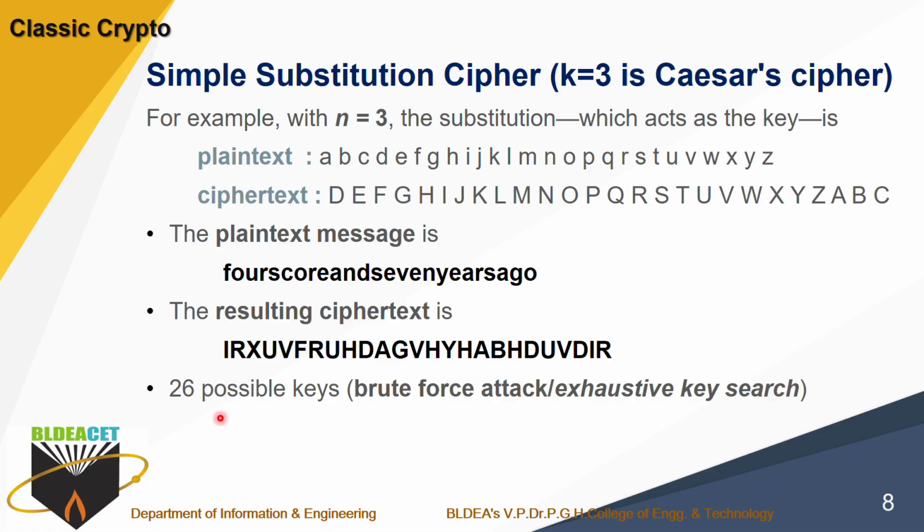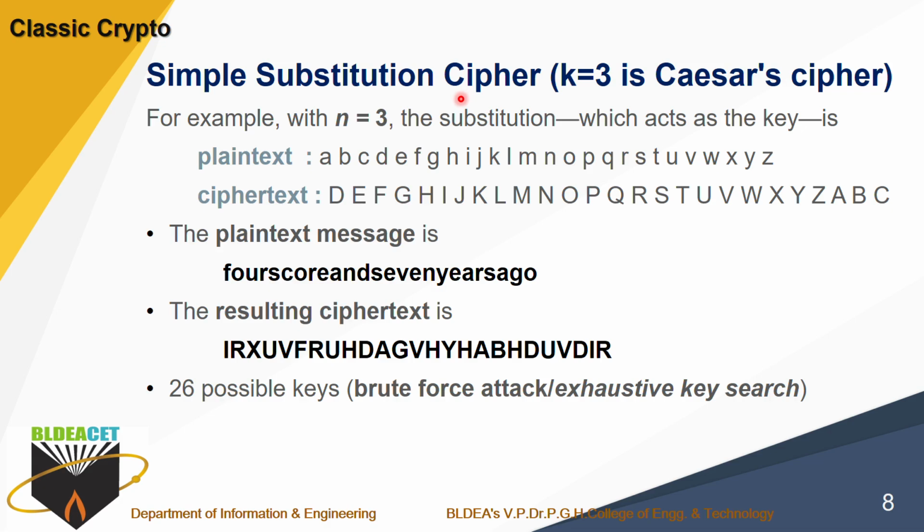So now here, how many keys will you get? 26 possible keys, because it considers the alphabets from A to Z. So that's why you have 26 possible keys. As I told earlier, if you use any substitution method or any encryption technique to generate a secret code, you have to check how strong that secret key is.